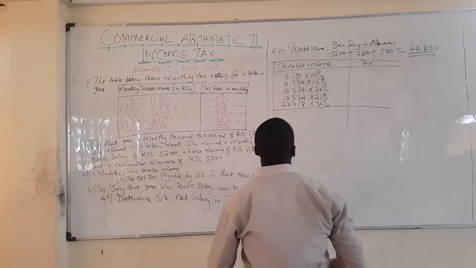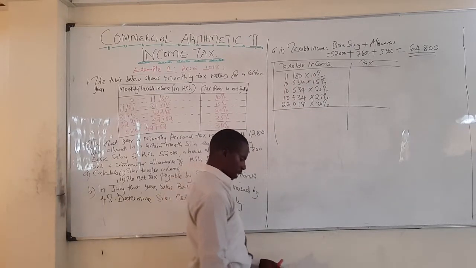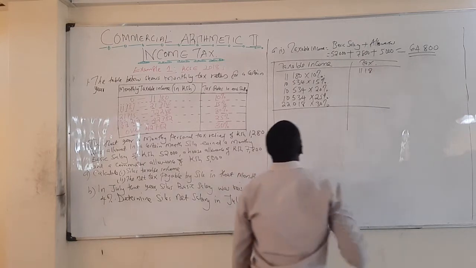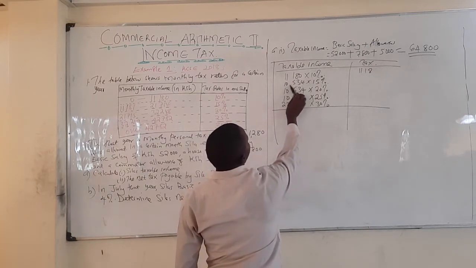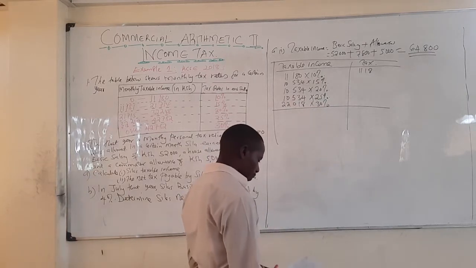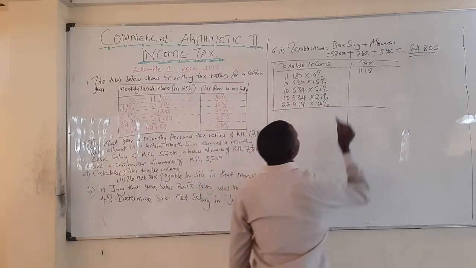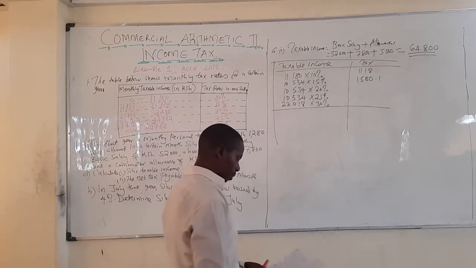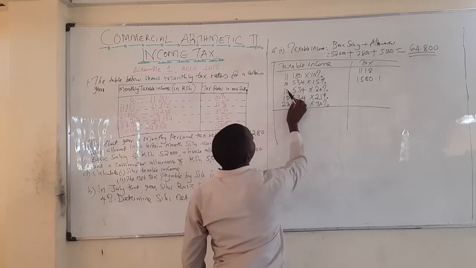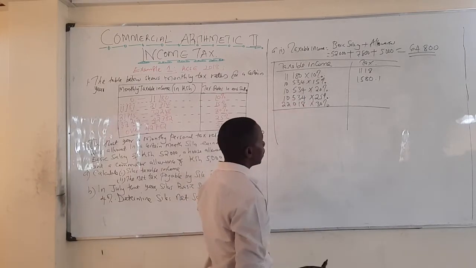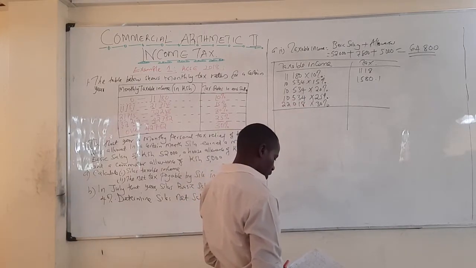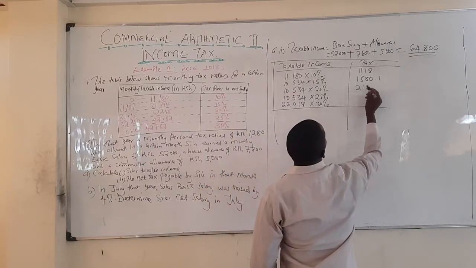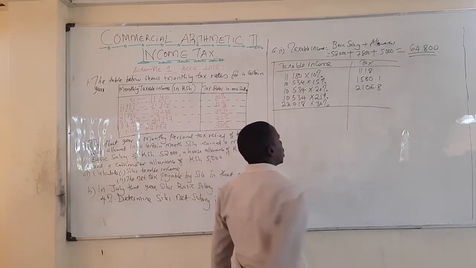Then just multiply. See my calculator there. This is going to be 1,118. Then 10,534 times 15%, you get 1580.1. Then 10,534 times 20%, you get 2106.8.